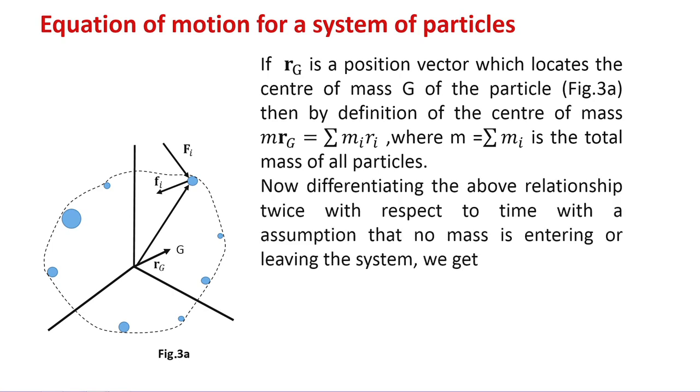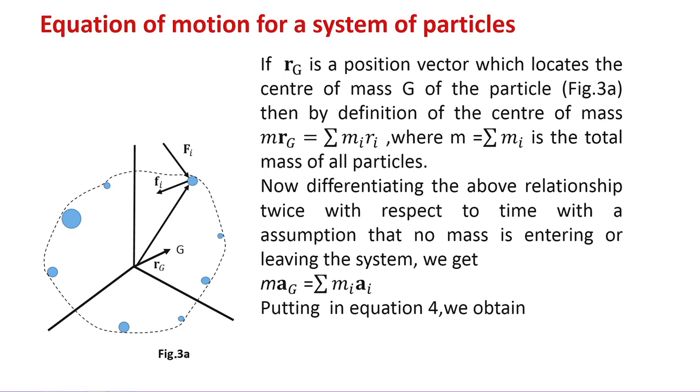Now let us differentiate the above relationship twice with respect to time, with the assumption that no mass is entering or leaving the system. We get m aG is equal to summation of mi ai.